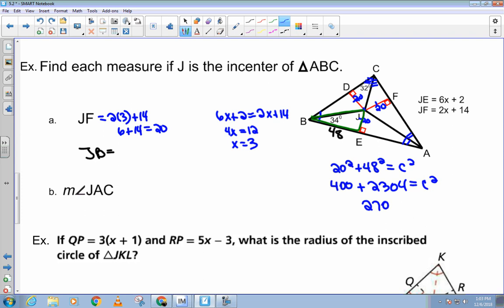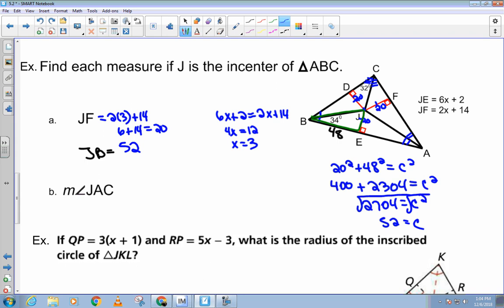So that's 2,704 equals c squared. So my JB would be... Okay, here's another one. No questions on that?